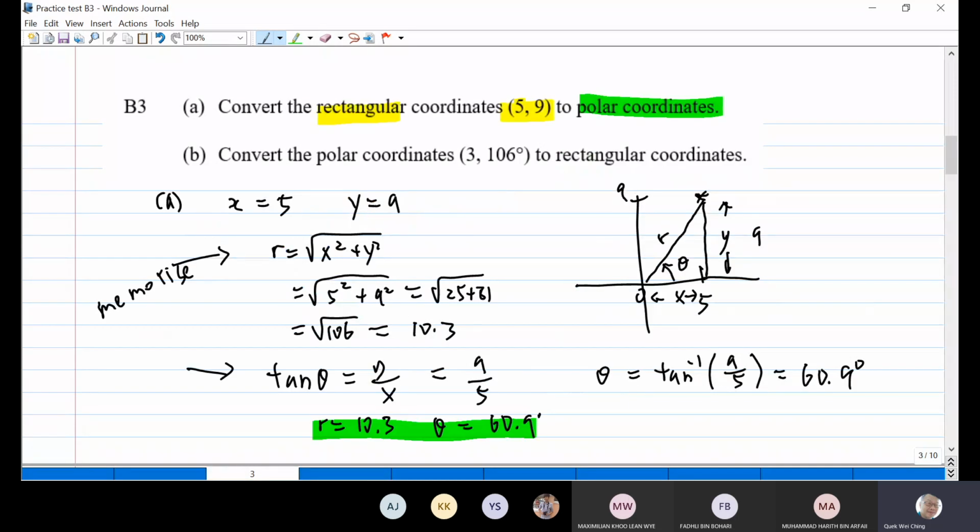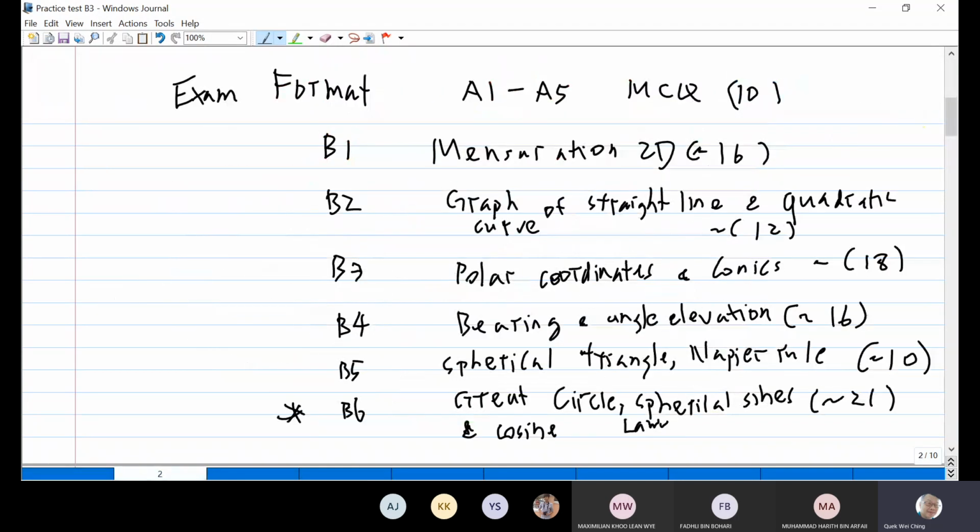B3A. So I should talk about the exam format first. So that is both important here, so that you know what to expect in the exam. So just now I mentioned about exam format. So this is important, so it will help you prepare the exam format first.